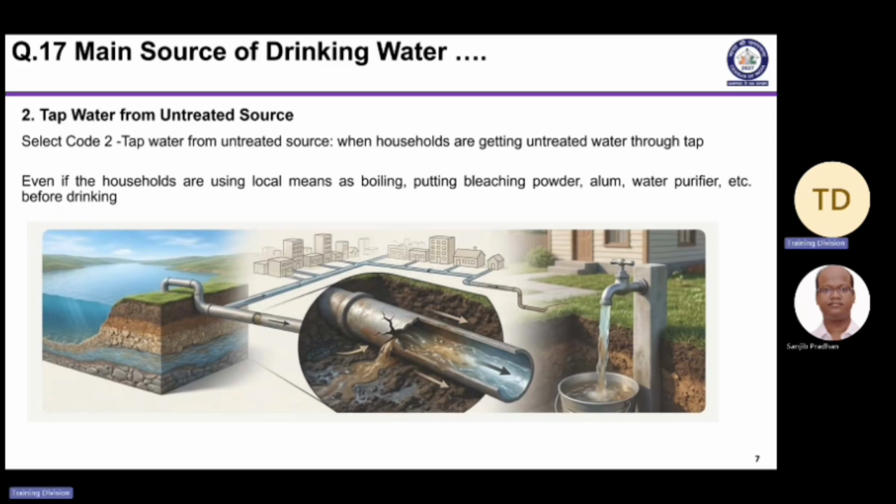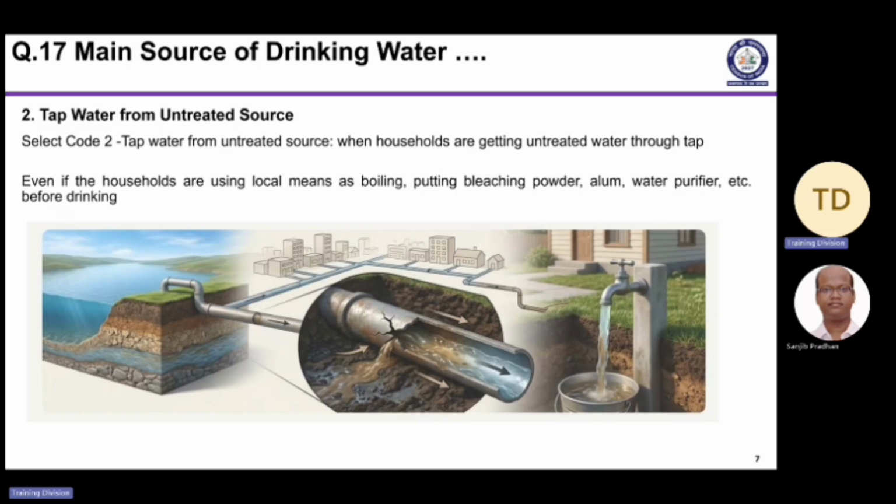That takes us to the next option, tap water from untreated source. Here the water from the source is supplied directly to the households without any treatment. It is tap water coming from a common place, from the government or some other agency, but it is not treated at all, so we take that as tap water from untreated source.